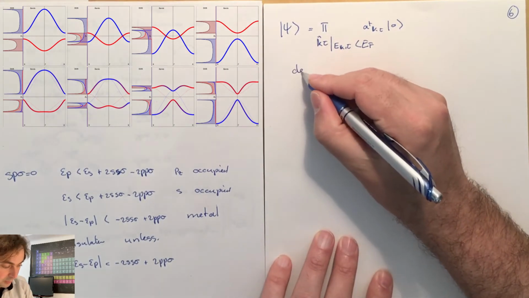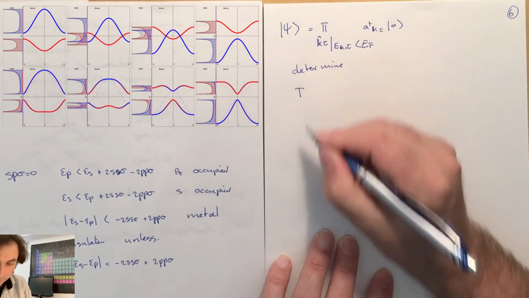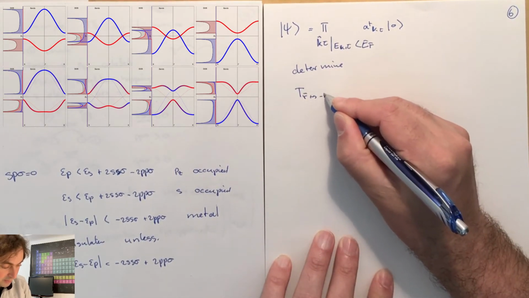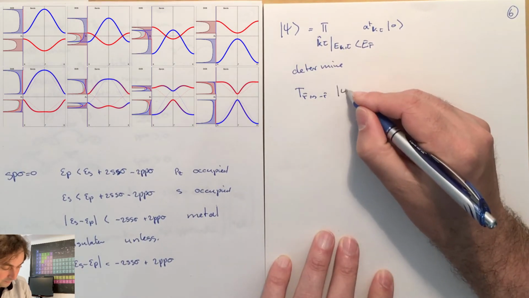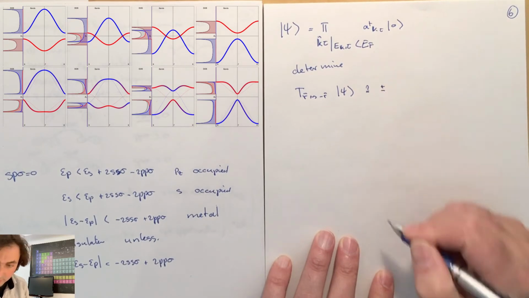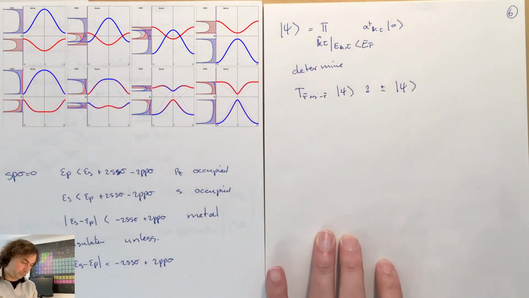And what we want to determine is, if we act with the symmetry operator where r is replaced by minus r on that wave function, do we then get a plus or a minus times that wave function?